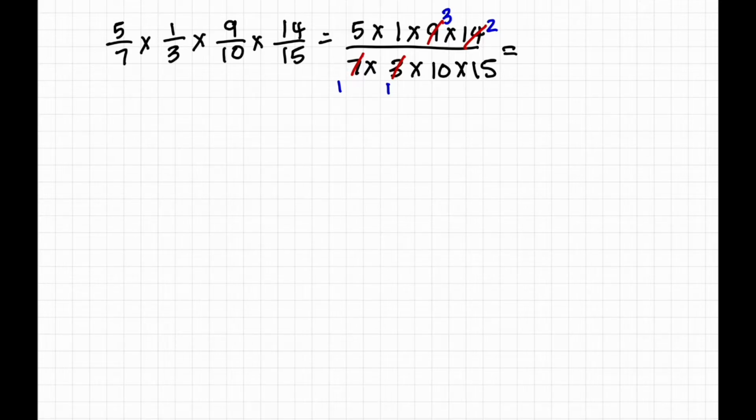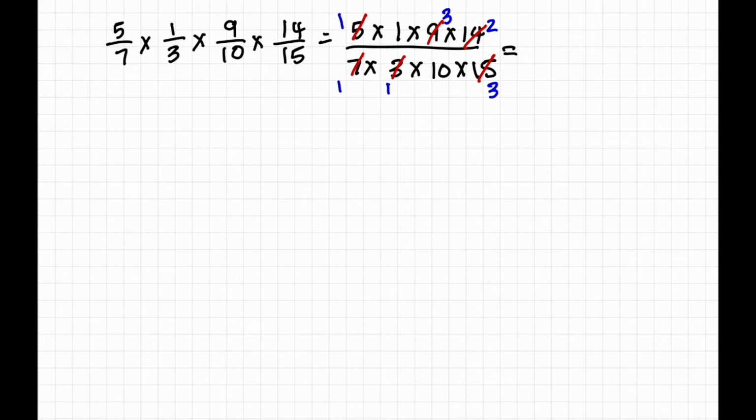I can do 5 and 10 or 15, but I'll do it with 15. So 5 and 15 are both divisible by 5. 5 divided by 5 is 1, and 15 divided by 5 is 3. That's right.